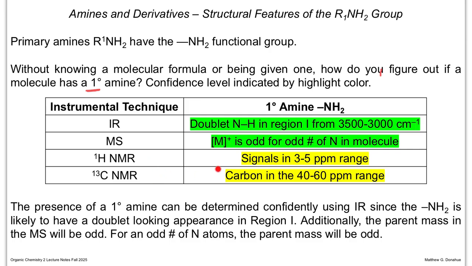Just like with ethers, the proton and carbon NMR are in yellow because they're not terribly indicative that you have that specific NH2, NH, or N. But if you see some signals that are shifted further away from 0, okay, there's at least a heteroatom there. Then I have to look at these other things to help narrow it down.